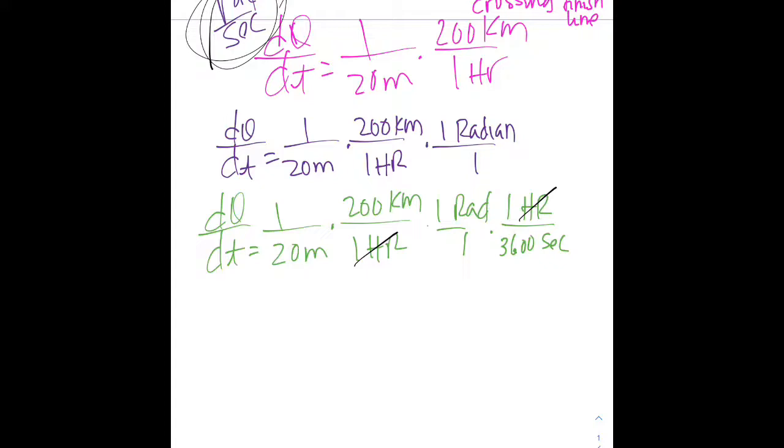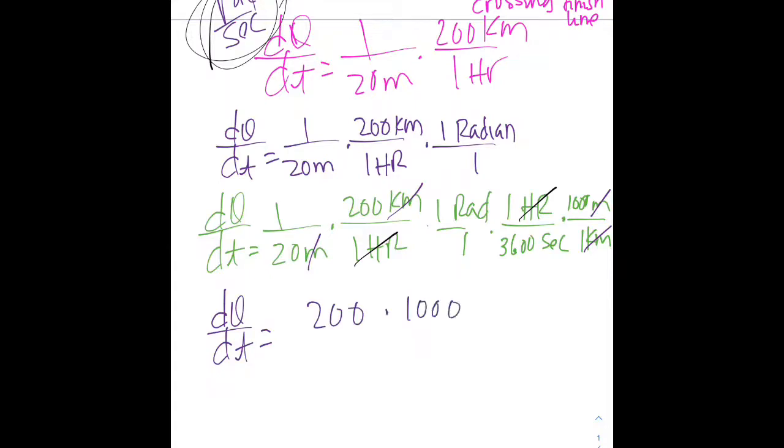But I have to multiply to get all of my kilometers and meters out. So we also know that 1 kilometer is equivalent to 1,000 meters. Why did I do it that way? Because then the meters cancel and the kilometers cancel. So what I have left is d theta/dt is equal to 200 times 1,000 radians.